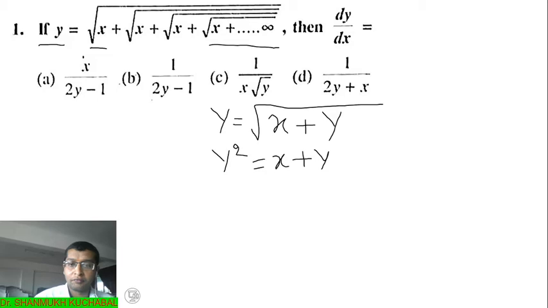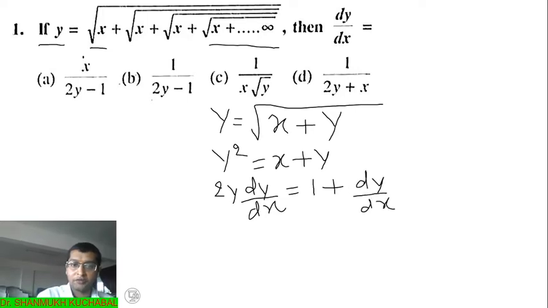Further, we differentiate this. The differentiation of y square is 2y dy by dx, the differentiation of x is 1, and the differentiation of y is dy by dx.